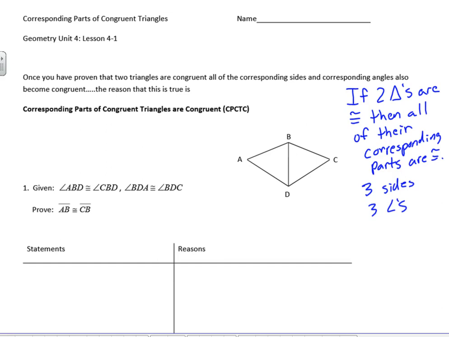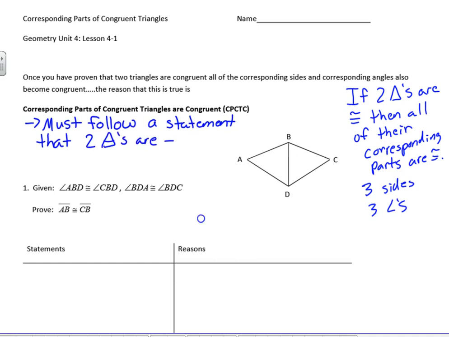So this must always follow a statement that two triangles are congruent. So first, we have to prove that they're congruent.